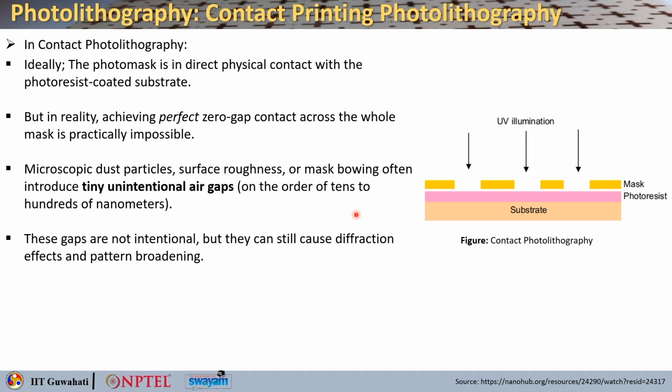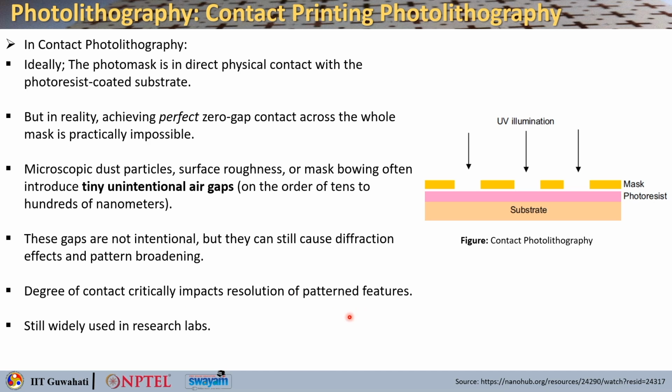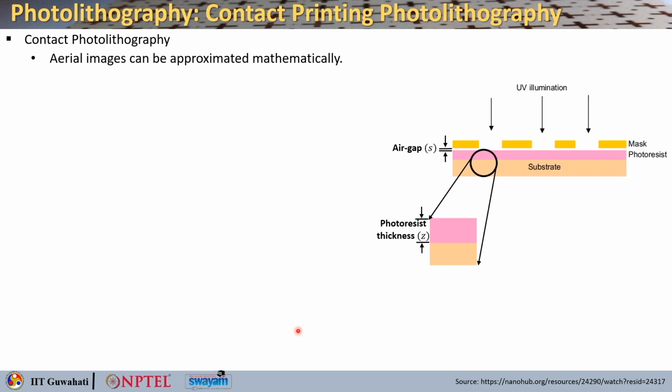Though these gaps are not intentional, they still cause diffraction effects and pattern broadening. That means the degree of contact critically impacts the resolution of the patterned substrate. This kind of work is still used in research labs.